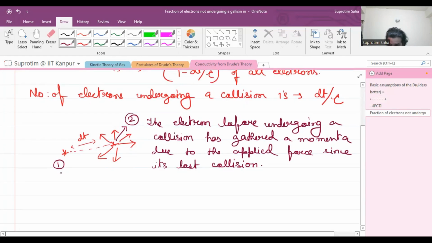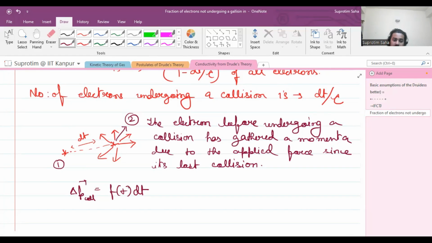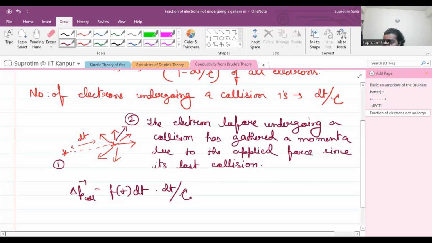So it has gathered momenta from the force applied since its last collision. So the delta p in that case is f(t) dt, which is natural to say. It's easy. So the momenta is only due to the force applied, and it has to be weighted by the factor dt over tau.